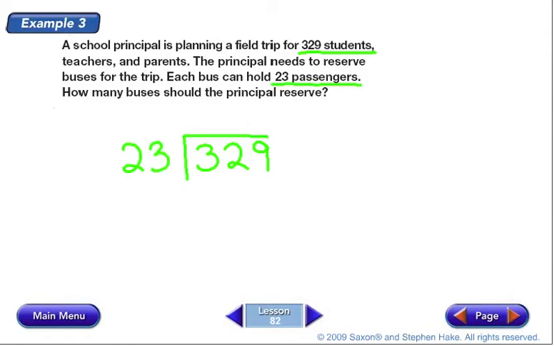Okay? Again, we'll use the first digit trick. 23 into 32. If I look at the 2 in the ones place on 23 and the 3 in the ones place on 32, I know that 2 goes into 3 once. So I'm going to assume that 23 goes into 32 once.